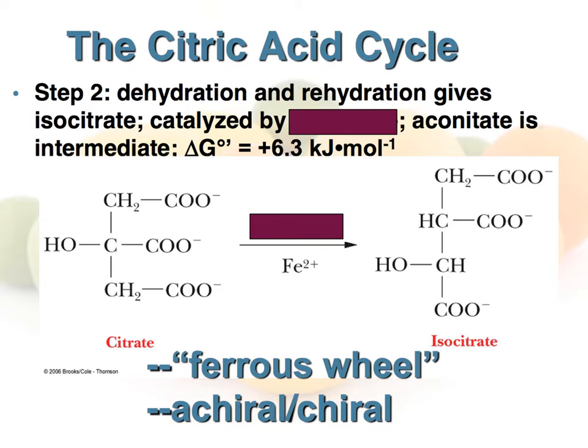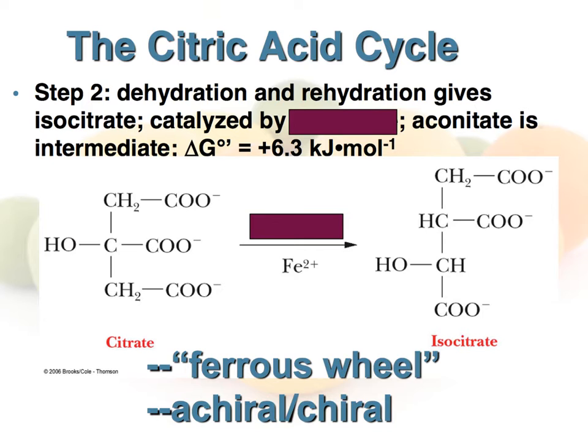A lot of times it even uses this enzyme as an example of that. Another thing is that this step sometimes gets written as step 2A and 2B. It's the same enzyme, and it makes an intermediate, but the intermediate never leaves. The intermediate is called a connotate. So the connotate's not shown right there.